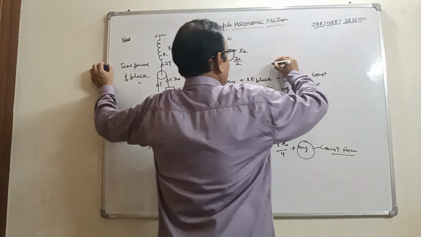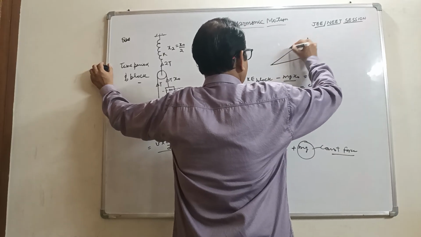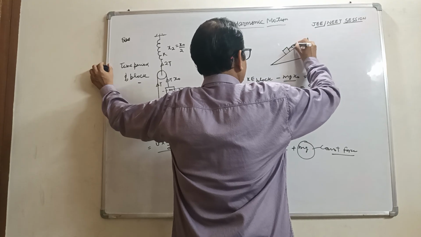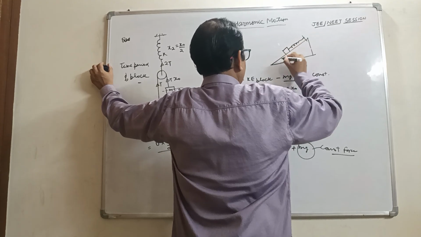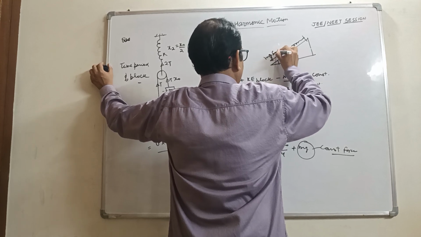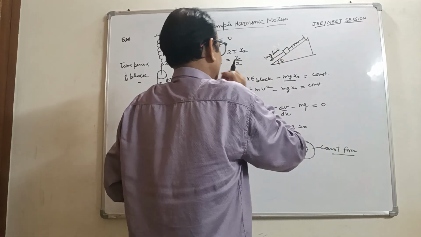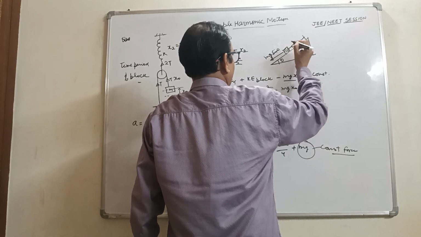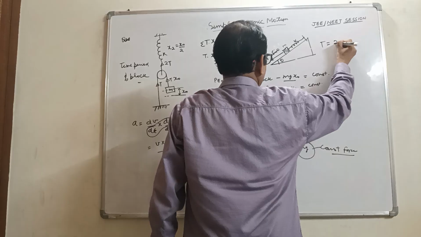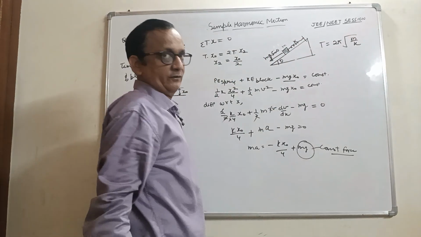As we know, if the spring mass system is here in this incline, this force mg sin theta would be the component here, and this is a constant force. If we say this is mass m, then the time period would be 2 pi root m over k. So this is fixed.